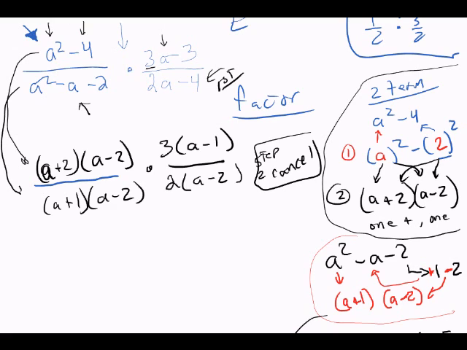Step 2, we're going to cancel stuff out. What's on the top and bottom that I can cancel out? Same thing on the top and bottom. What can I cancel? Yes, as long as there's one on top and one on the bottom.